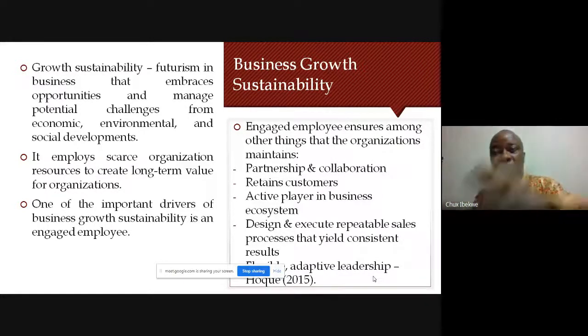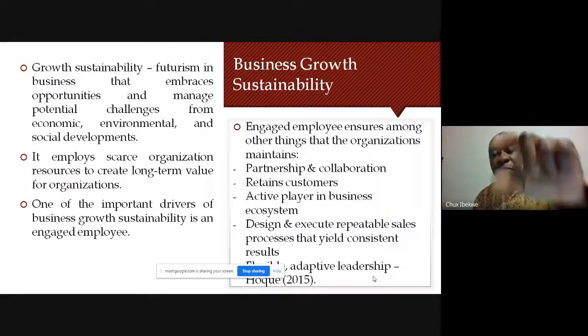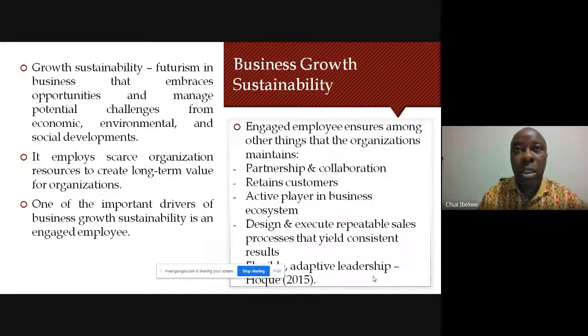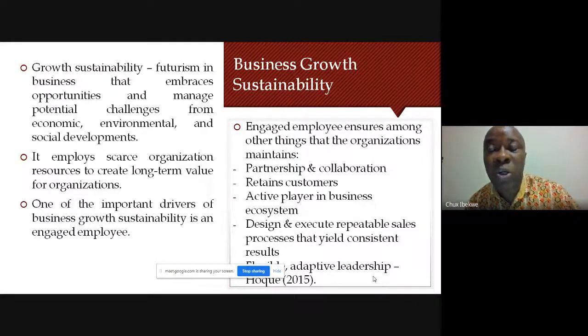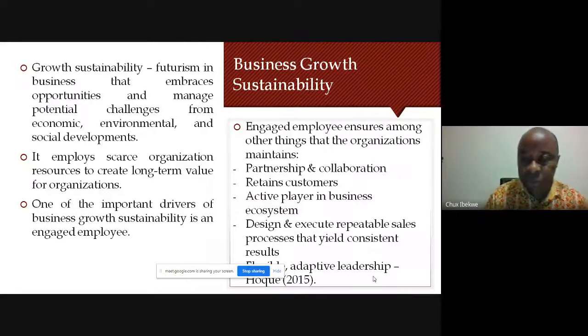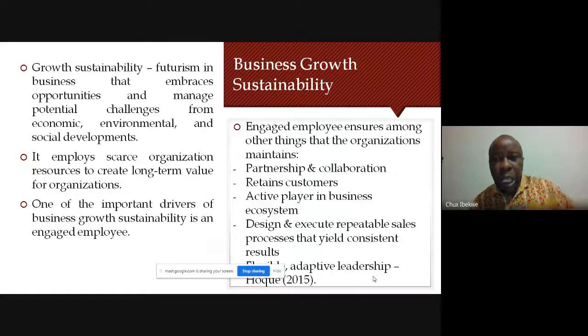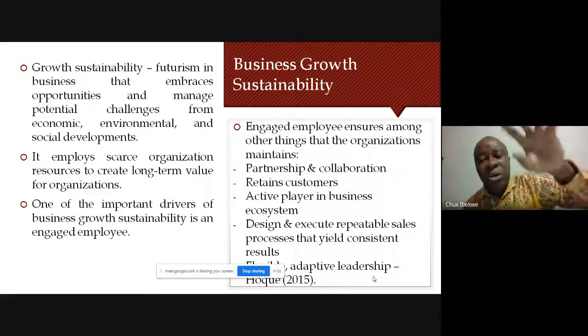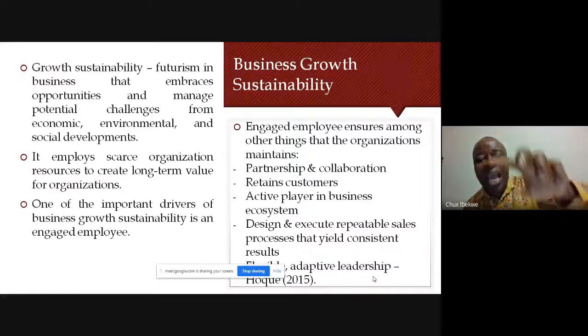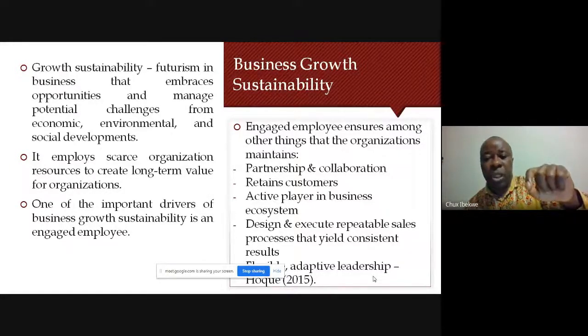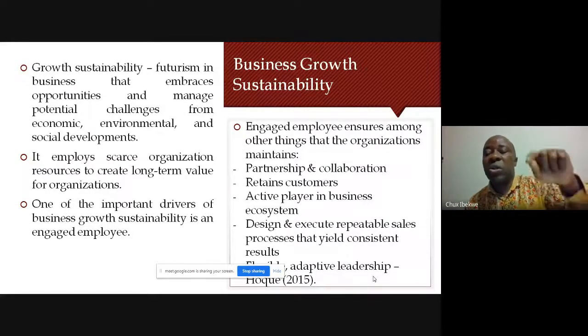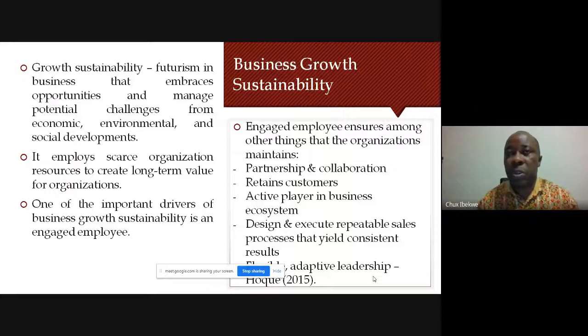So you are an important player, and you can't be an important player if you don't have engaged employees working towards the sustainability of the organization. Business growth is also manifested in the design and the execution of repeatable sales processes that yield consistent results.